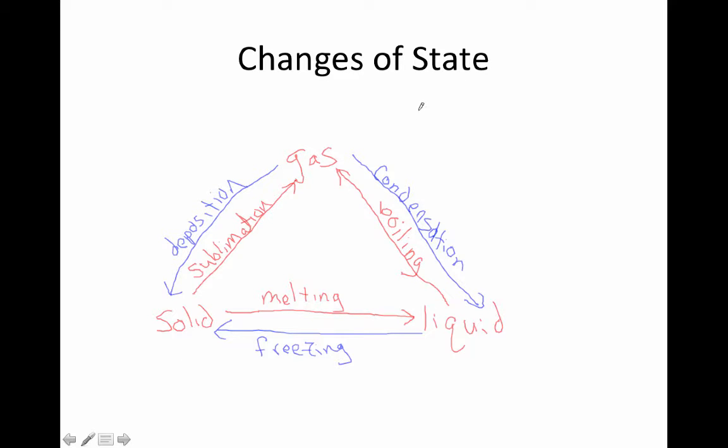And if we were to take a graph of temperature versus time, if we were to graph the temperature versus time from a solid, and when we were heating it, you might think that it would go like this, where we would have a solid, a liquid, and a gas, but that's actually not what happens, because that doesn't take into account both types of energy.